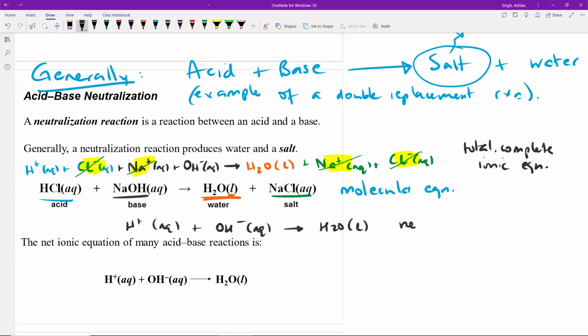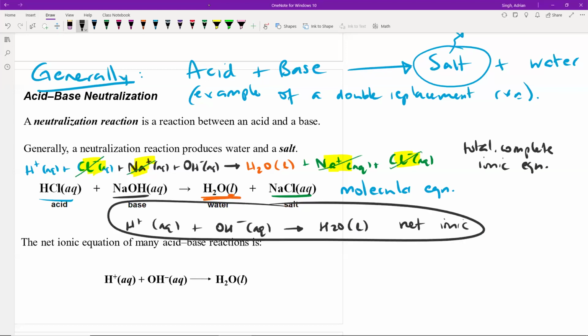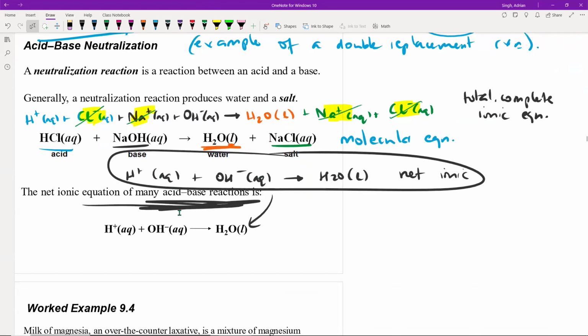That's your net ionic equation, and it tends to be the net ionic equation for lots of acid-base reactions. The underlying theme behind these neutralization reactions is that the formation of water is the driving force for all of them.